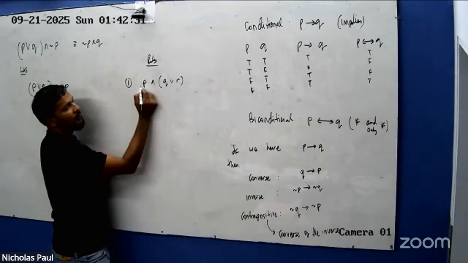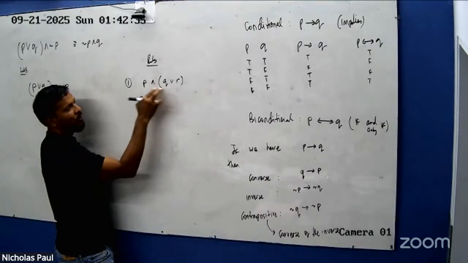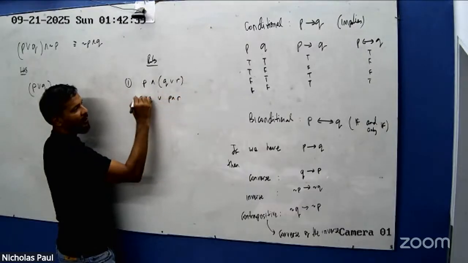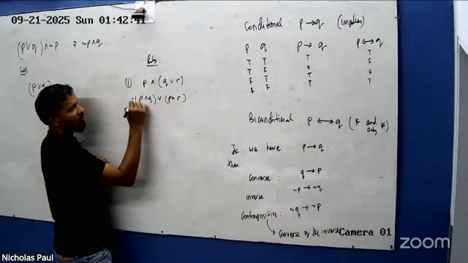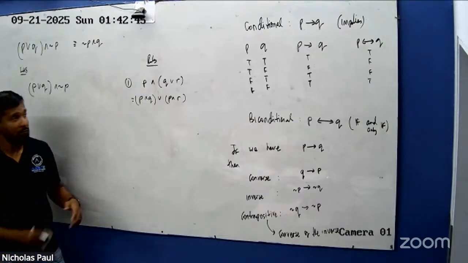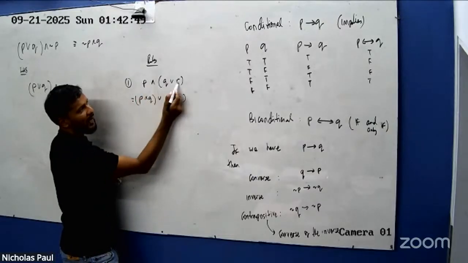We're going to multiply P and Q, so P and Q, P and R, and then OR in the middle. That's called the distributive law.